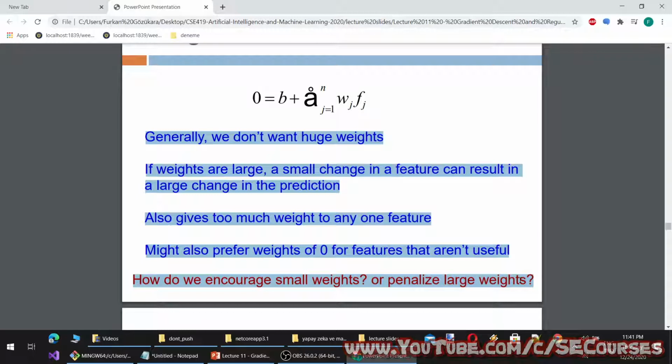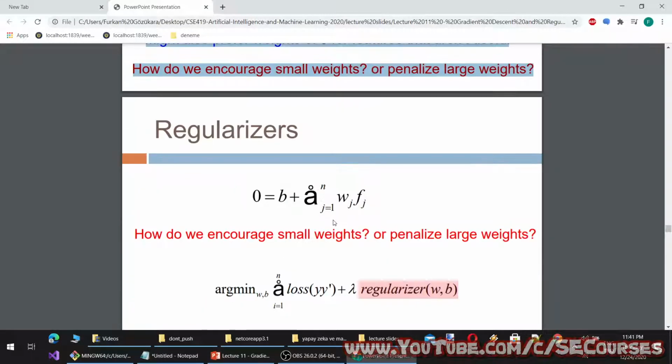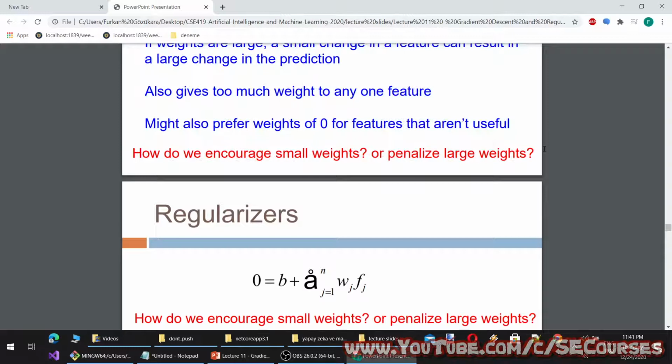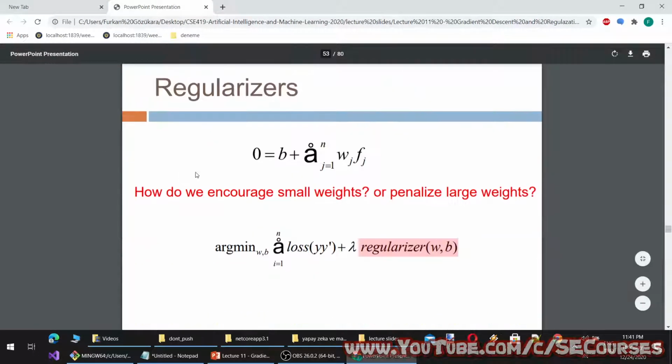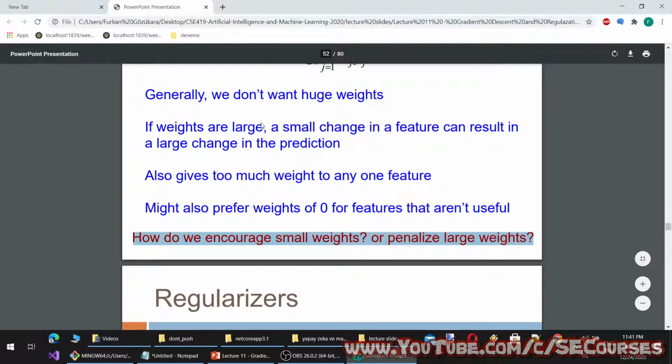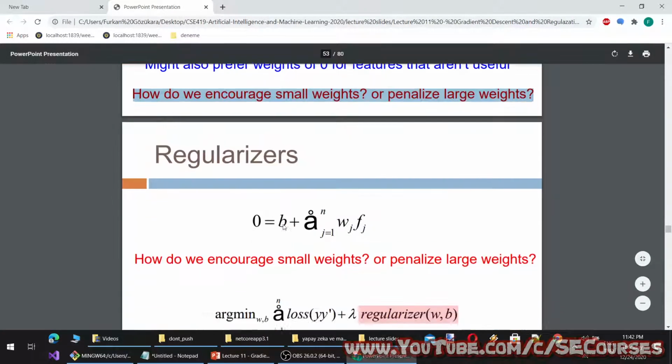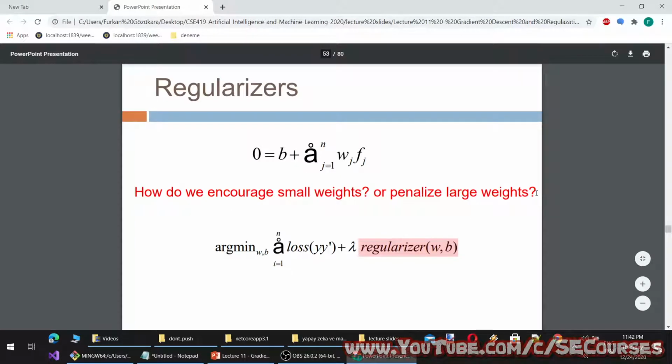It also gives too much weight to any one feature. We might also prefer weights of 0 for features that aren't useful. How do we encourage small weights, or penalize large weights? So this is about this, as you can see, and also we prevent large valued weights from breaking our algorithm.